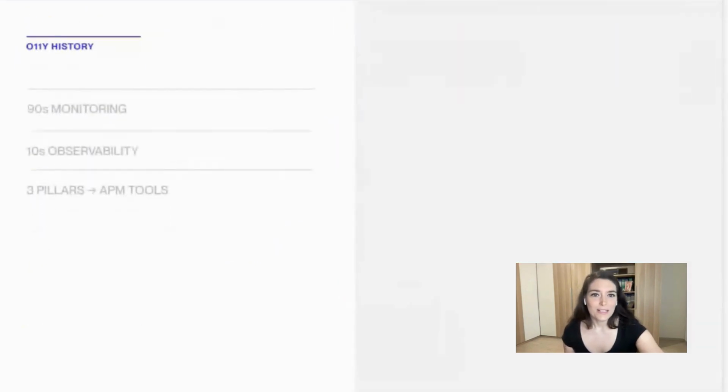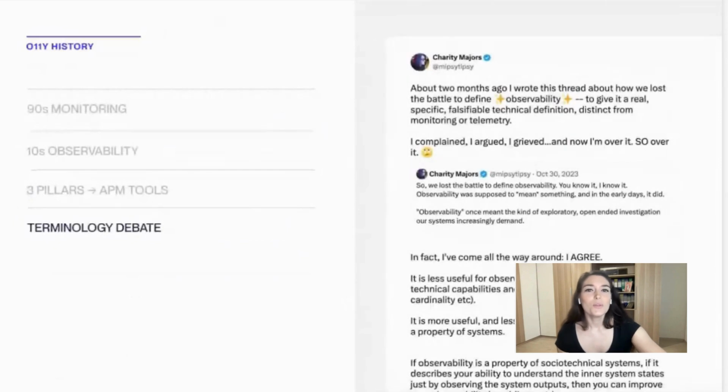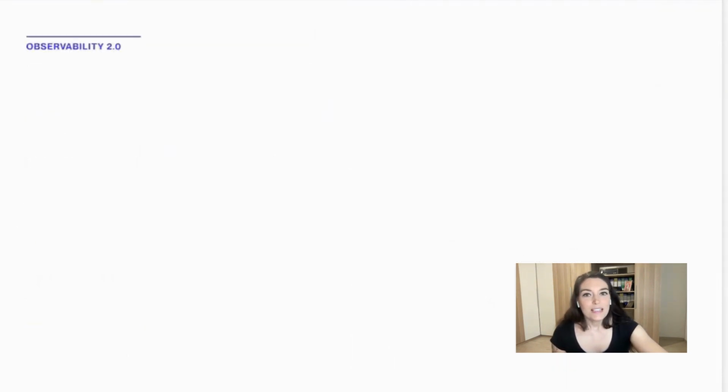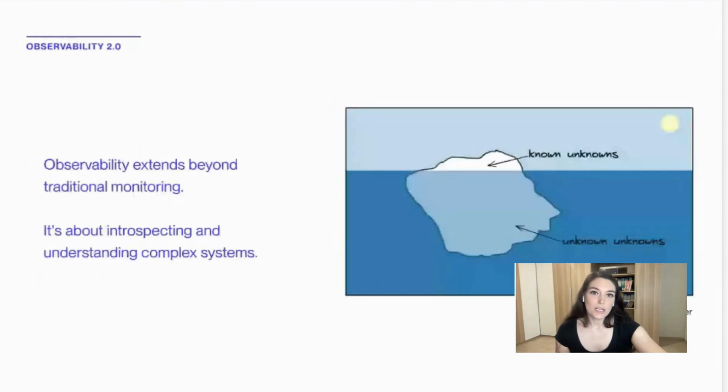So let's go back to our history lesson. During the rise of the 3 pillars of observability, people like Charity Majors, Ben Siegelman, and other industry thought leaders had tried to clarify the difference between observability, telemetry, and monitoring. And the argument is that observability extends beyond traditional monitoring and is about investigating and understanding complex systems.